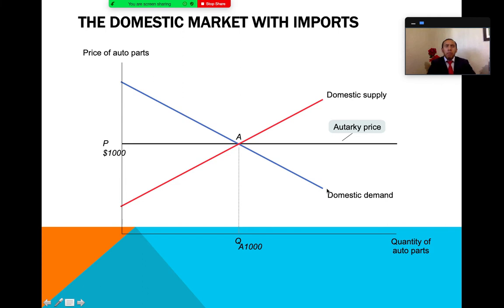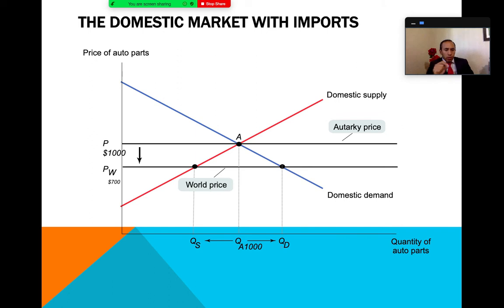That's it. But once you open the market to international trade or to the international community, you can start buying products from different parts of the world, like a Honda from a different country, a Toyota, so different products. So if you open the market, and if the world price is less than your autarky price here, the price in the world is going to be $700 for a $700 car.